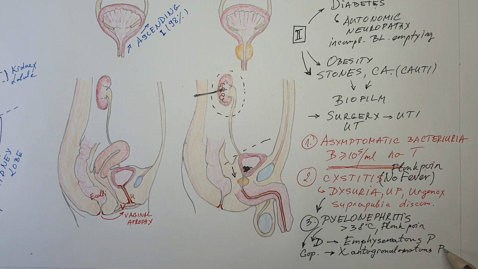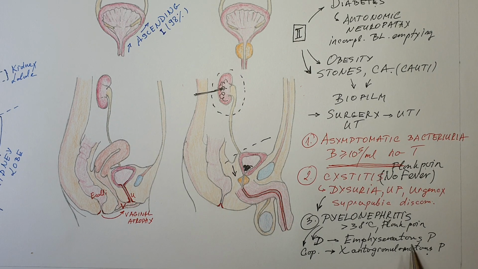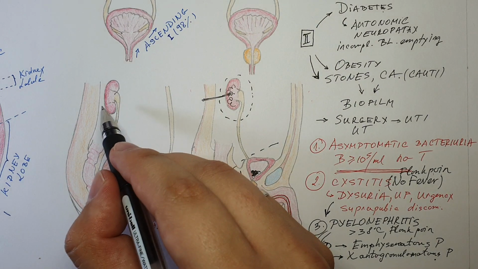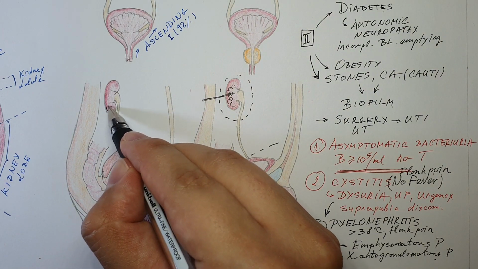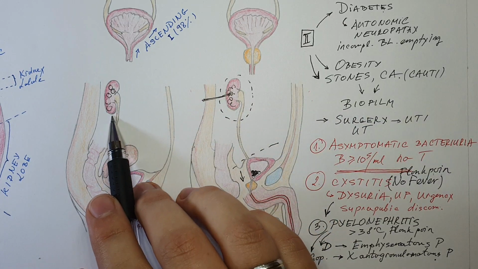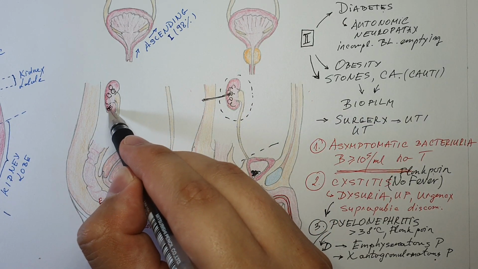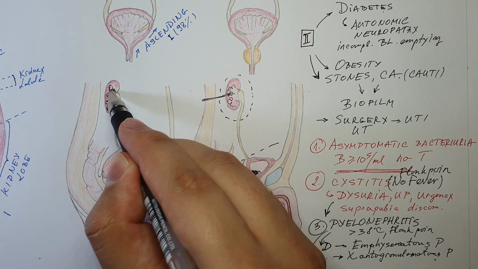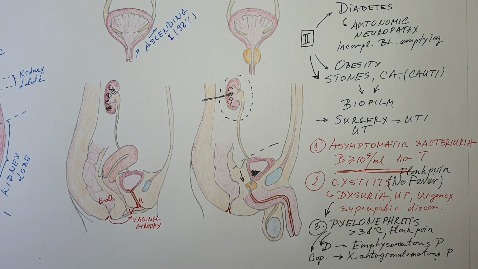In this disease, the bacteria are actually forming abscesses, big abscesses in the kidney parenchyma, and this can be so severe that it damages the kidney so much that the kidney needs to be removed surgically.